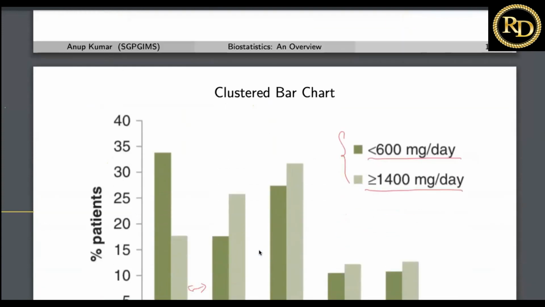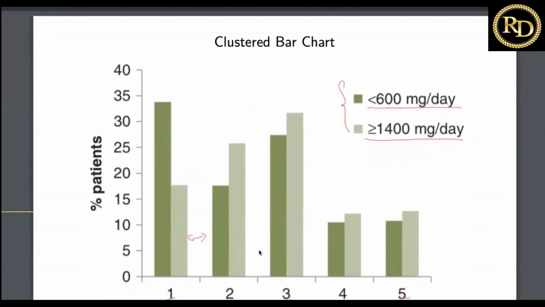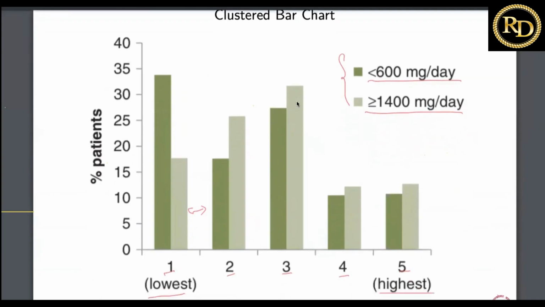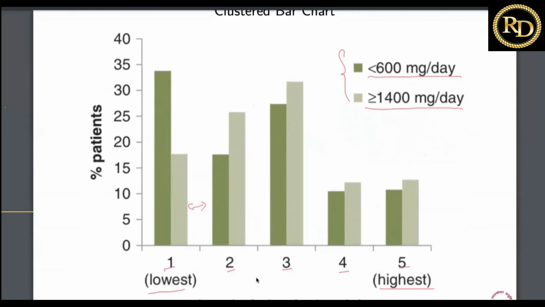There is also the clustered bar chart: if there are two groups in the categorical variable, you can present them with the help of it. Here you can see the lowest and the highest pain level, and two kinds of dose, and you can compare them with the help of these two doses. So this is termed the clustered bar chart.